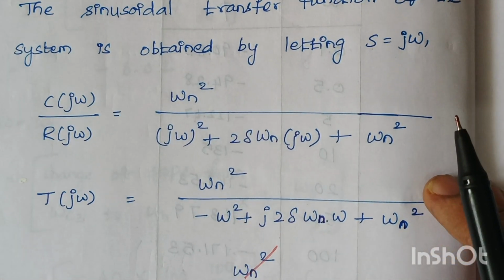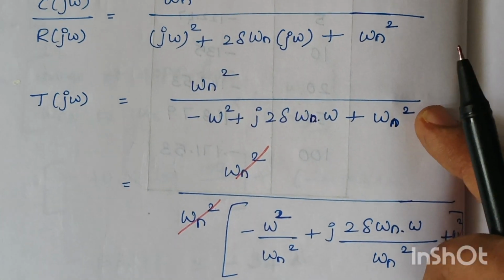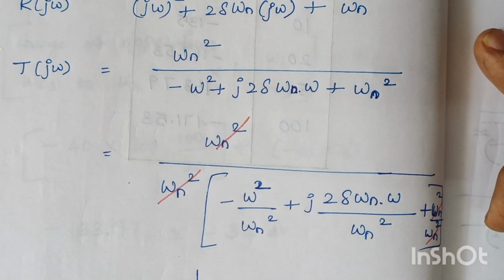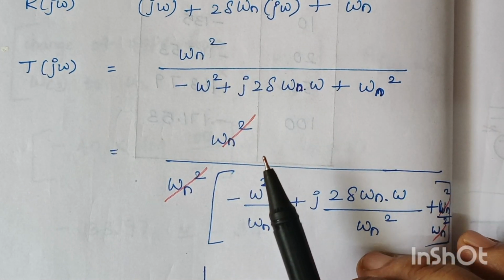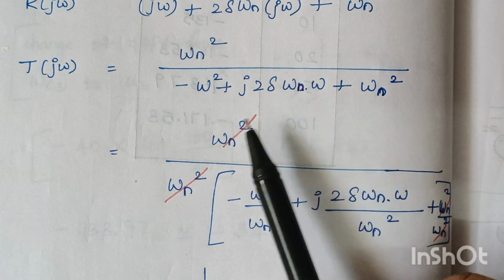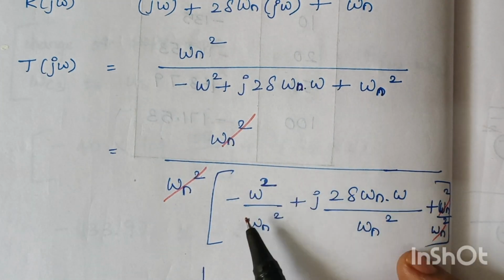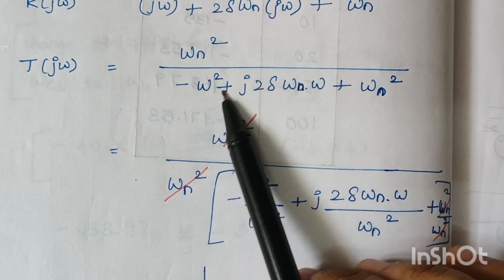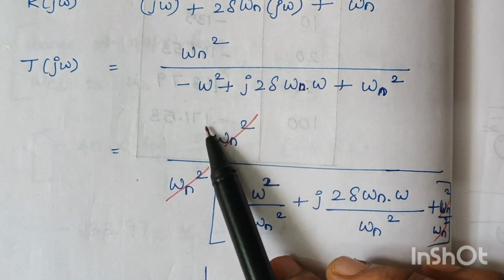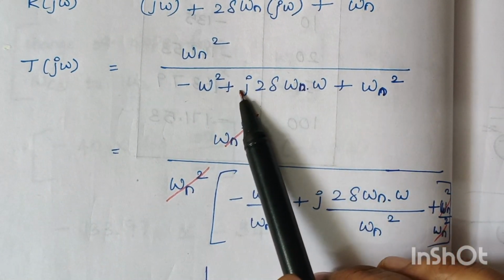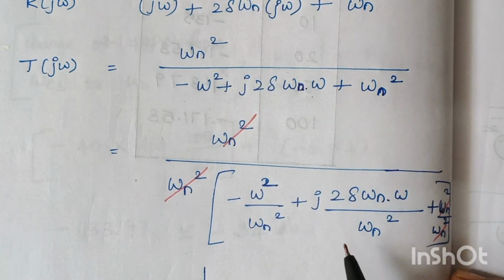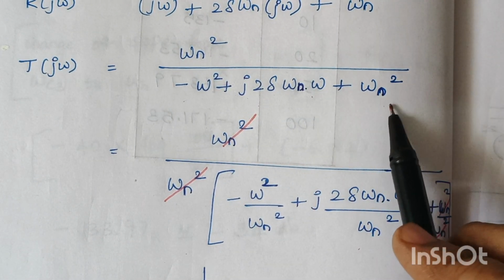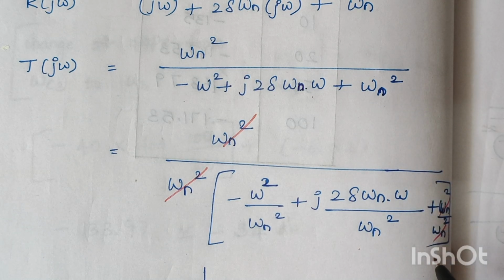The next thing is, from the denominator term, omega n square is taken commonly outside. When you take omega n square outside, this term becomes minus omega square divided by omega n square, plus the remaining expression divided by omega n square, and finally omega n square by omega n square.